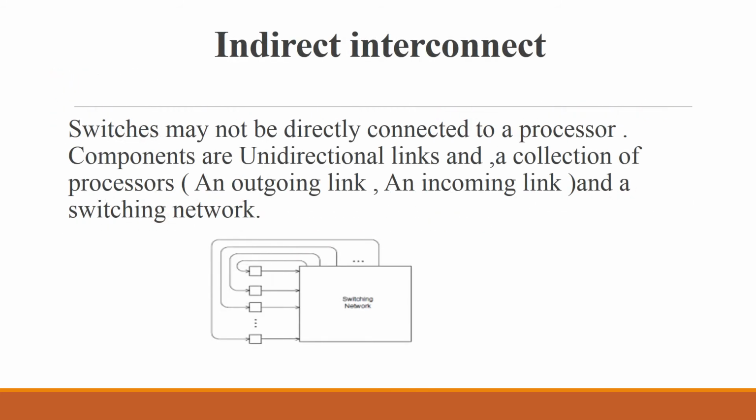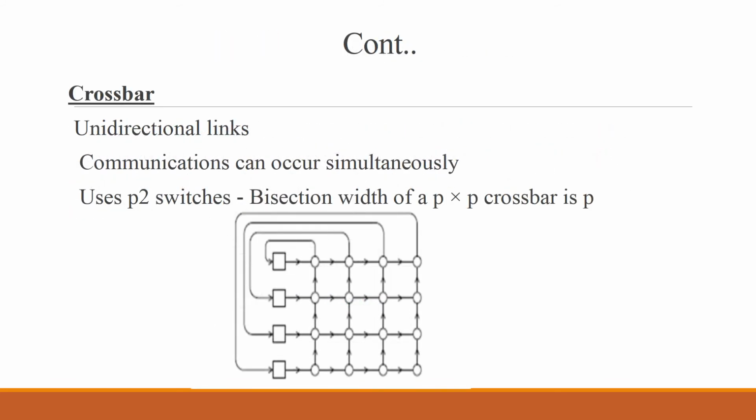Indirect interconnect. Here the devices are not directly connected to the interconnecting medium. In this figure, the interconnecting medium used is a switching network and the devices used are memory elements or processing elements. Example, crossbar.